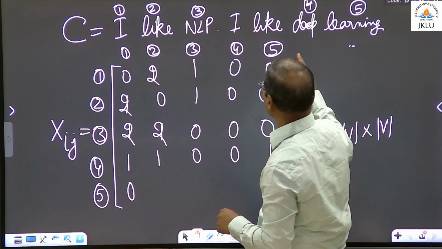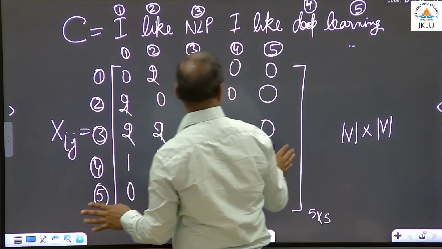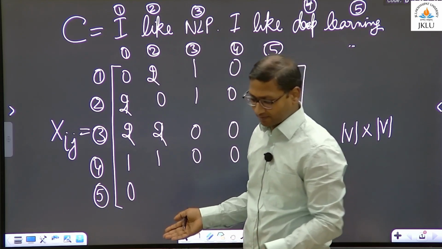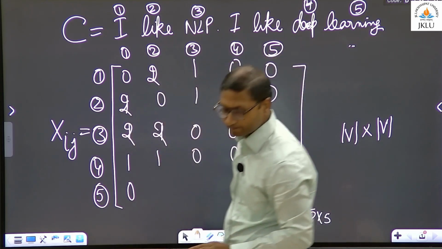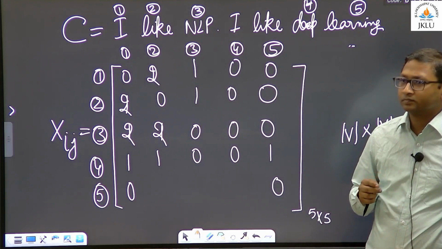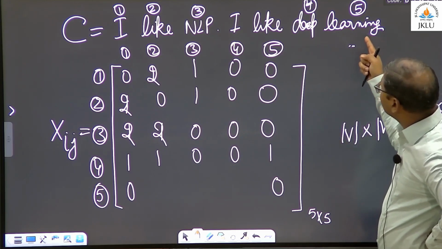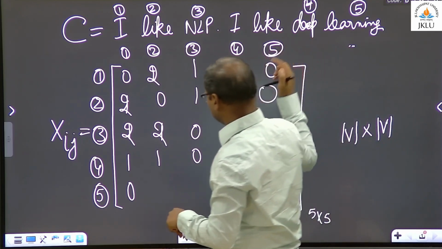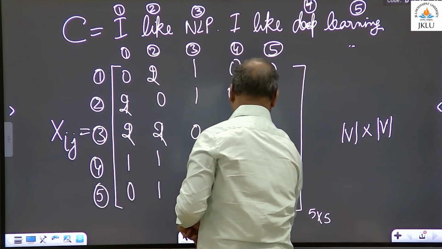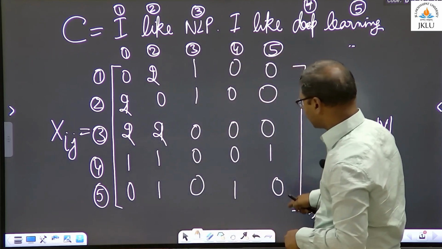Just give me the final matrix here. What will be the final matrix? So in the context of learning, I will have just like and deep. So like and deep and 0, and I need to make this symmetric.